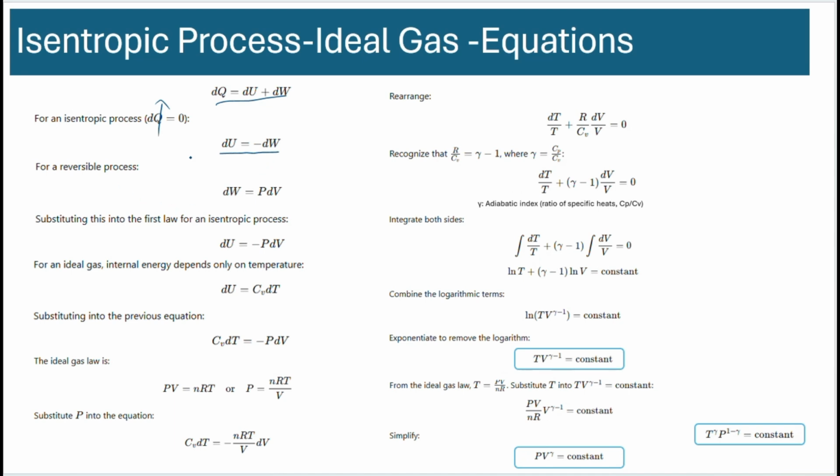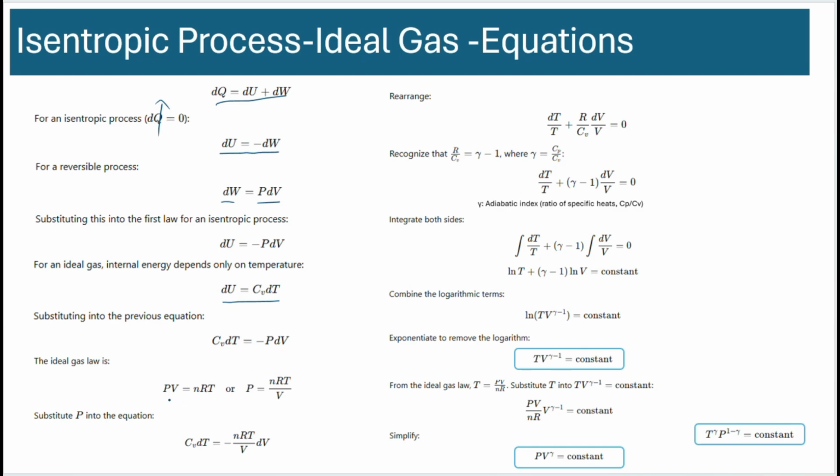For an ideal gas in an isentropic process, the work done is the pressure volume work, represented by PdV. So du is minus PdV. In the previous lectures, we derived that the change in internal energy is only dependent on temperature, and the relationship is this for ideal gases. Rewriting that, we get Cv dT is minus PdV.